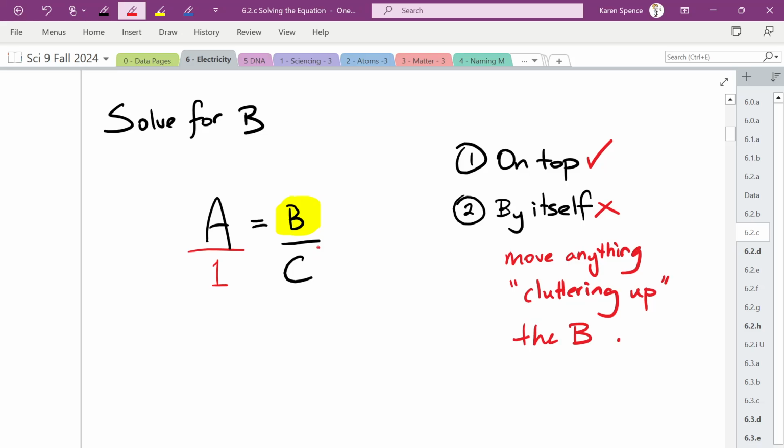Who's cluttering up the B? C. So I'm going to take C, and in order to get rid of it on the right-hand side, I need to move it diagonally across the equals sign. Now, I'll show you what that means.